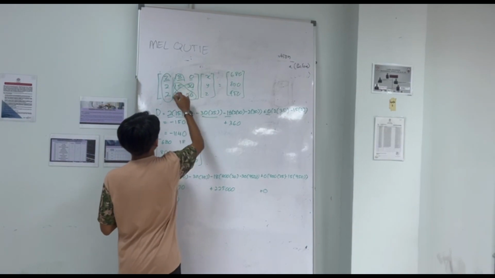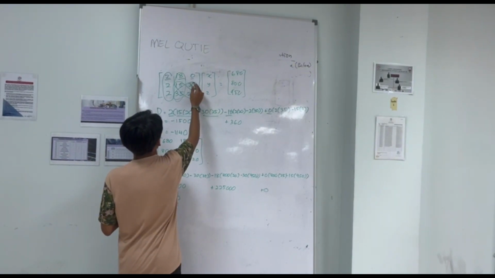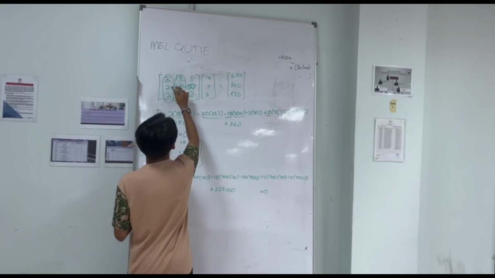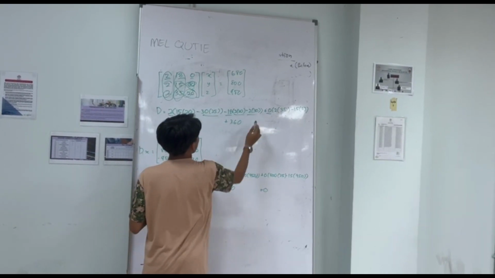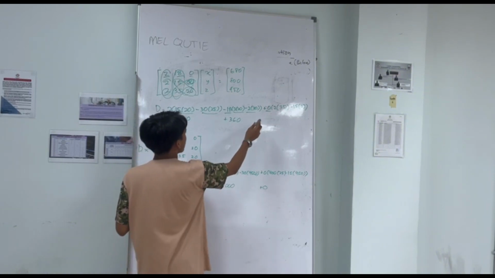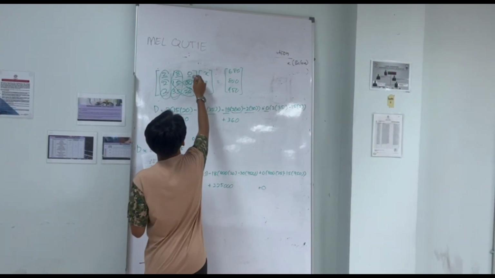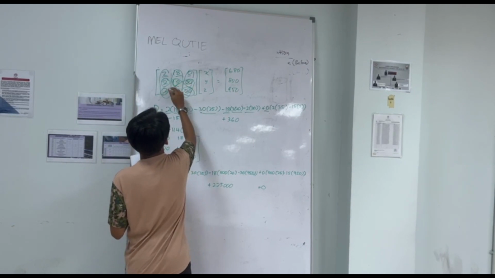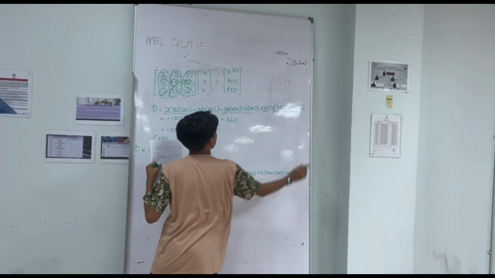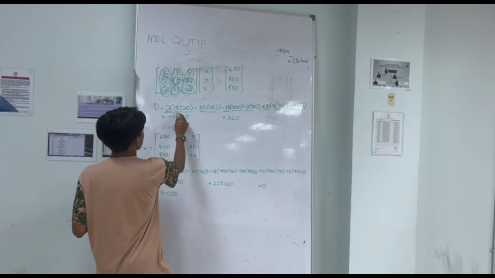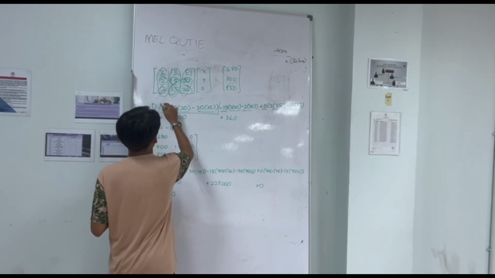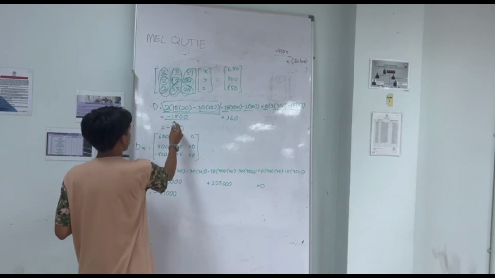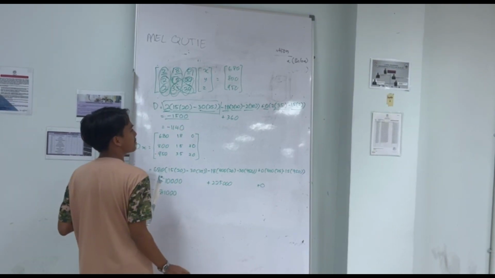We close here and then multiply here and here, and then here and here. And then the same with the back. Close here and multiply here, multiply here, this and this. So after we solve this part, we get negative 1500.